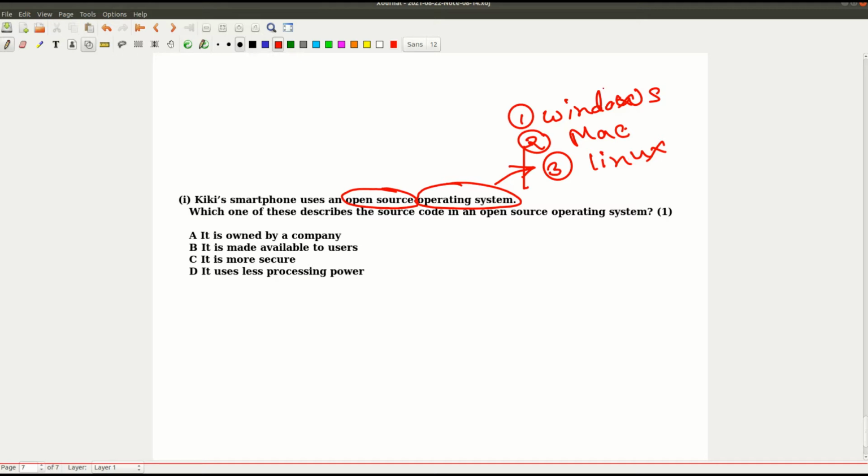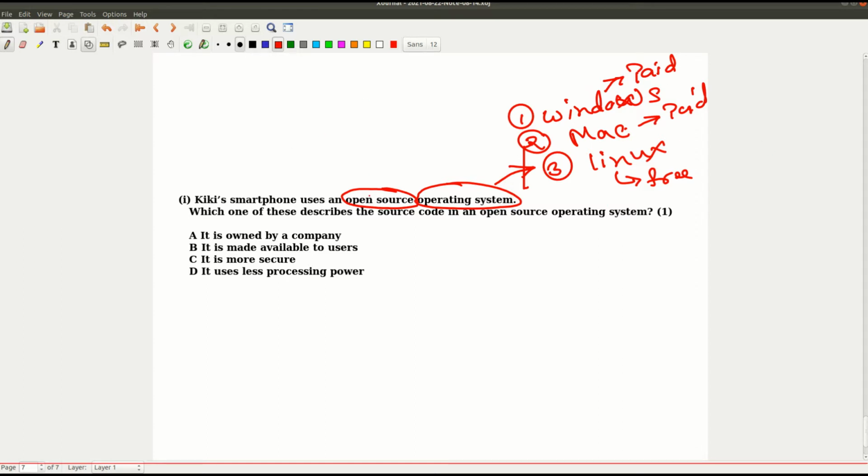Windows is not a free one; it's a paid one, and it is owned by Microsoft. Mac is also paid, and it is owned by Apple. But Linux is the free one, so you can download it freely. You don't have to pay. So these are three examples of operating systems, paid and free.